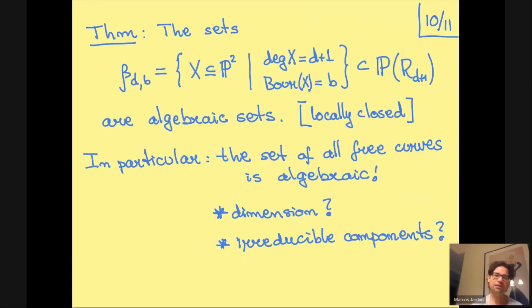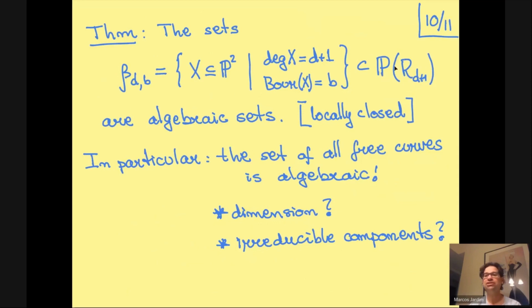And one more geometric result that will finish my talk is this one. If you take the set of all curves of a given degree and a given Bourbaki degree, think of this as a subset of the projectivization of the vector space of homogeneous polynomials of degree d plus 1.